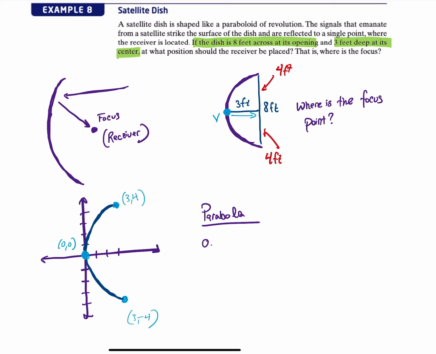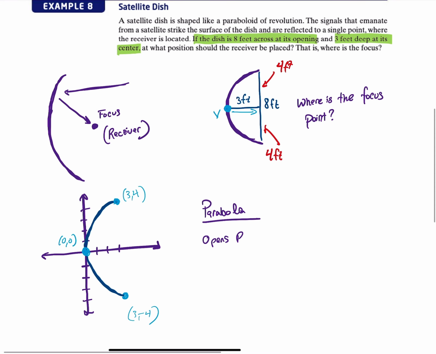It opens right, just because, I mean, it can open in any direction, we're just formulating it as opening right. We know the vertex is at the origin. And we know we have some points. Let's say we have a point 3, 4. Well, that's enough to find the equation of our parabola.